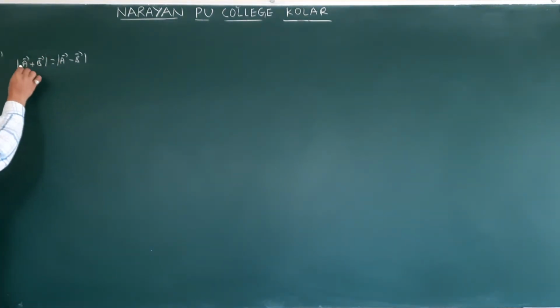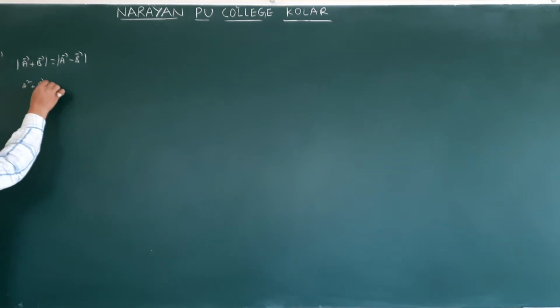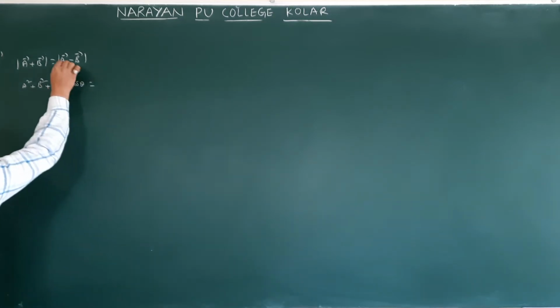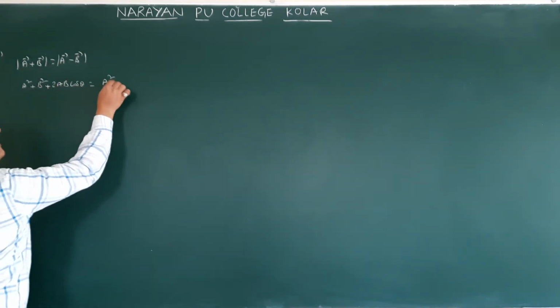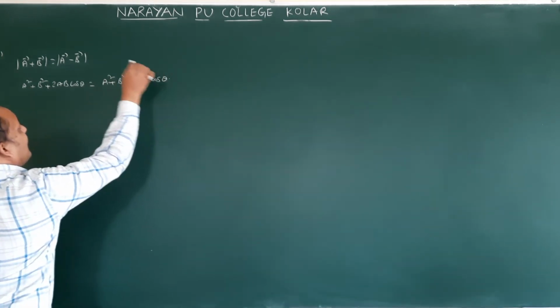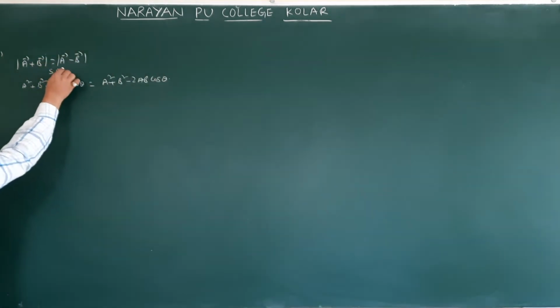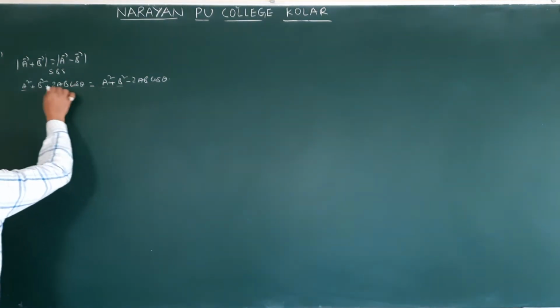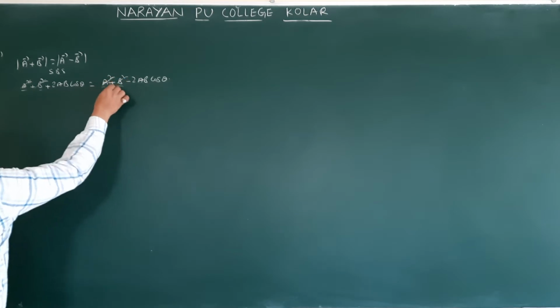(a bar plus b bar) whole square is a square plus b square plus 2ab cos theta, and (a minus b) whole square is a square plus b square minus 2ab cos theta. Squaring on both sides, a square will be cancelled, b square will be cancelled.